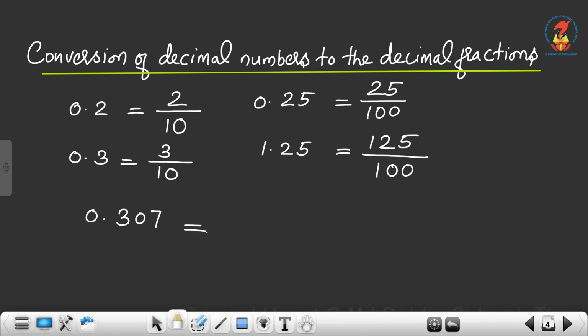Without the decimal point you consider the number, it is 307, and you have to write the denominator as either 10, 100 or 1000. Count the number of decimal places, 3 decimal places. Therefore it is 307 by 1000. If you have only 1 decimal place, the denominator is 10. 2 decimal places, the denominator is 100. 3 decimal places, the denominator is 1000.